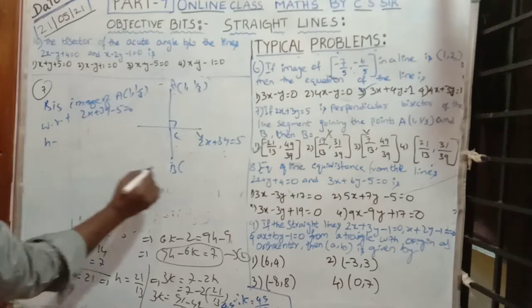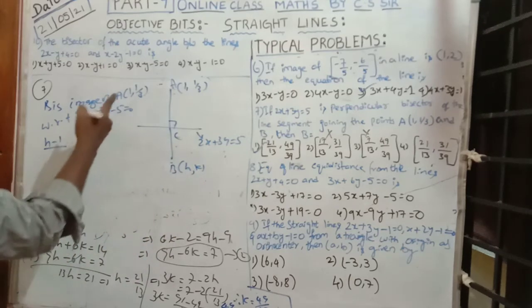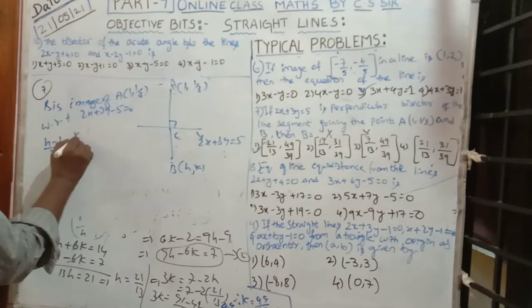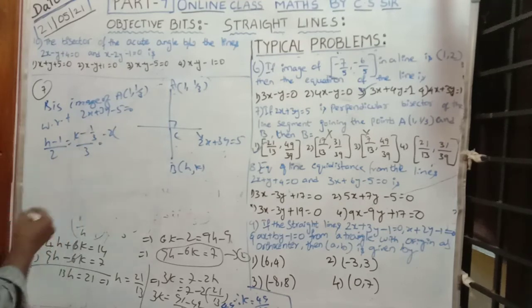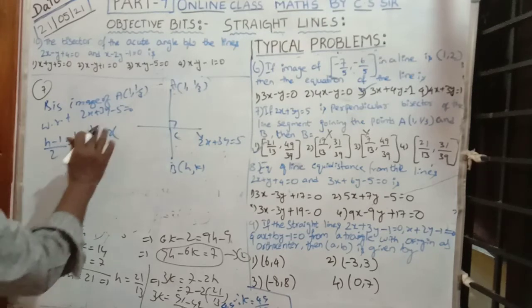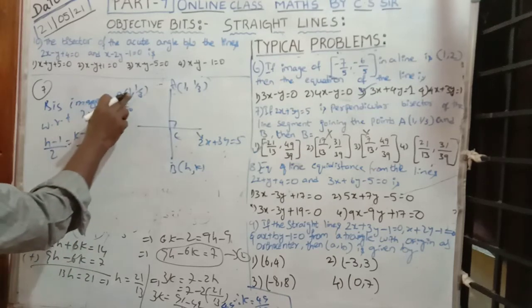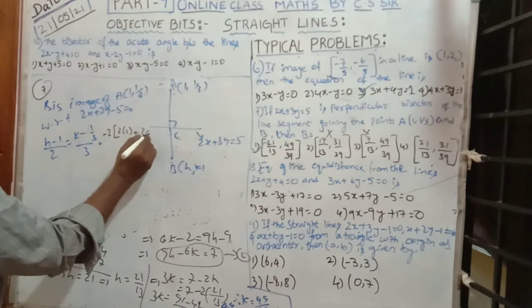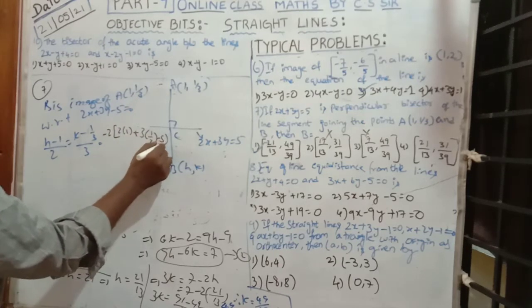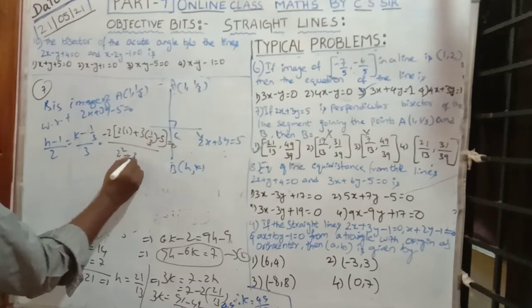So let it be h, k. (h minus 1) by 2 is equal to (k minus 1 by 3) by 3, is equal to minus 2 of the value at this point, which is satisfied by this point: 2 into 1, 3 into 1 by 3, minus 5, by 2 squared plus 3 squared.